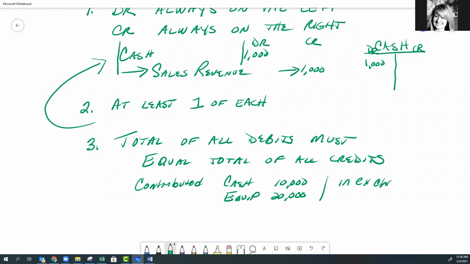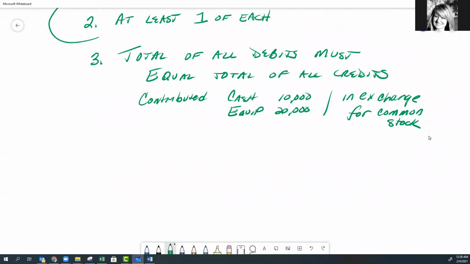We've done this type of problem in English. In our accounting equation, we have an asset, cash, that went up by 10,000. We have another asset, equipment, that went up by 20,000.